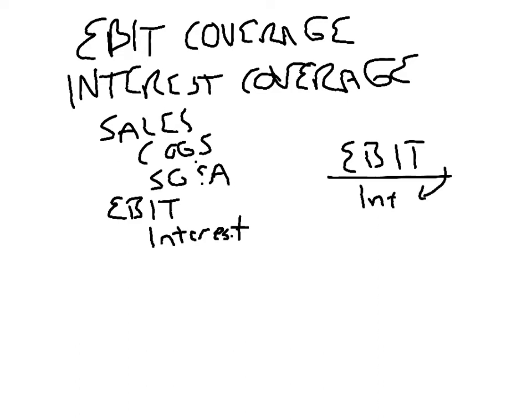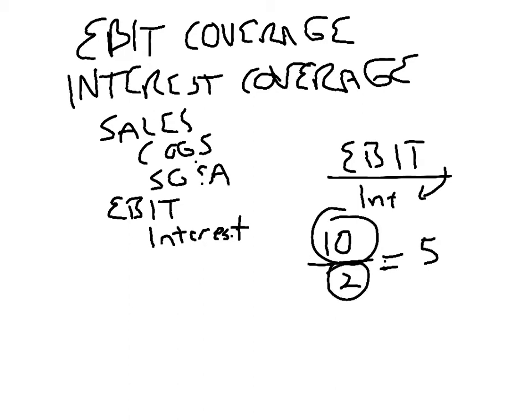So just a hypothetical, if we had an EBIT that is 10 and our interest expense was 2, then our interest coverage is going to be 5, right? I should stop saying EBIT coverage. That's something I think I just call it myself. But our interest coverage would be 5. And what that means is that we have 5 times our interest expense in operational income.